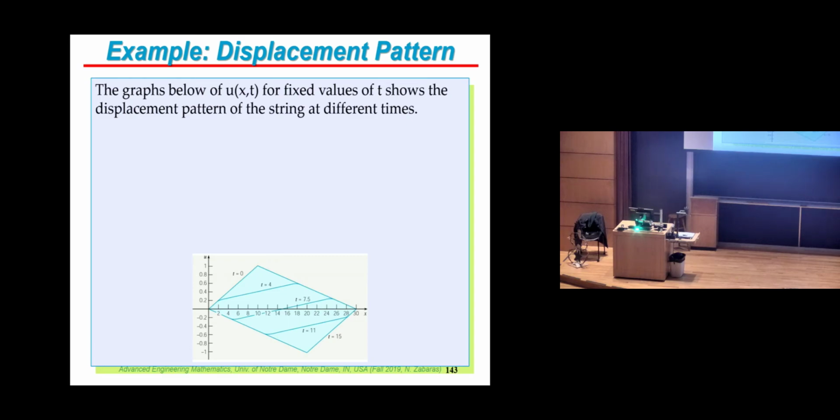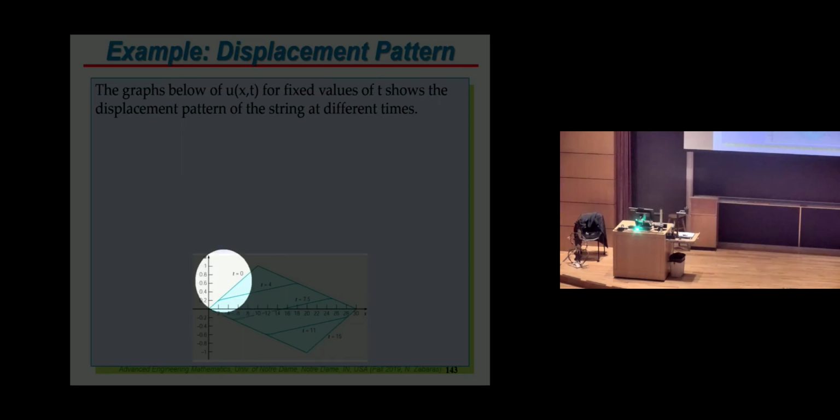But you can see at time t equal to 0, this is my initial displacement, right? That triangle is what I gave you. But look at time t equal 4. It's unchanged for x, let's say, up to location 2. Then it moves to this line, and it's unchanged for the rest, going all the way to 30.